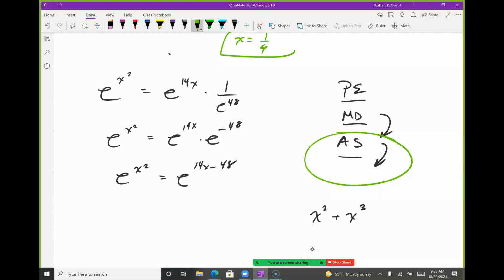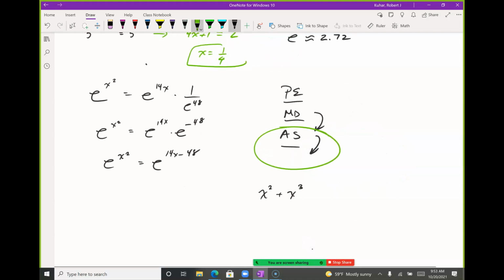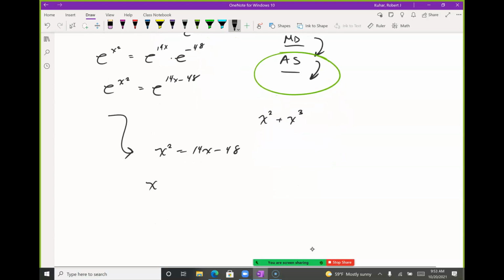When I'm adding, I do nothing. I can't do anything with them. So now, because my pieces here are 1 to 1, I know x squared has to equal 14x minus 48. Oh, that's an old quadratic friend of mine, right? Equal to 0. I'm looking for numbers that multiply to 48 and add to 14.